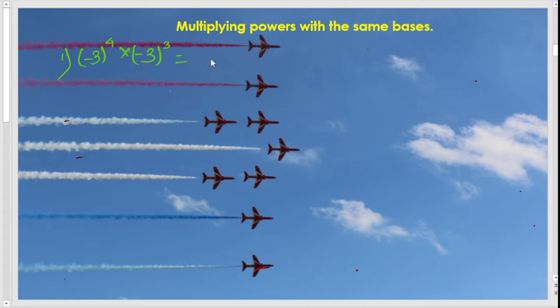When it is calculated, it is written like -3 into -3 into -3 into -3, into, again in brackets, -3 into -3 into -3, 3 times. The base is the same in both numbers. Here the base is -3, and the exponents are 4 and 3.